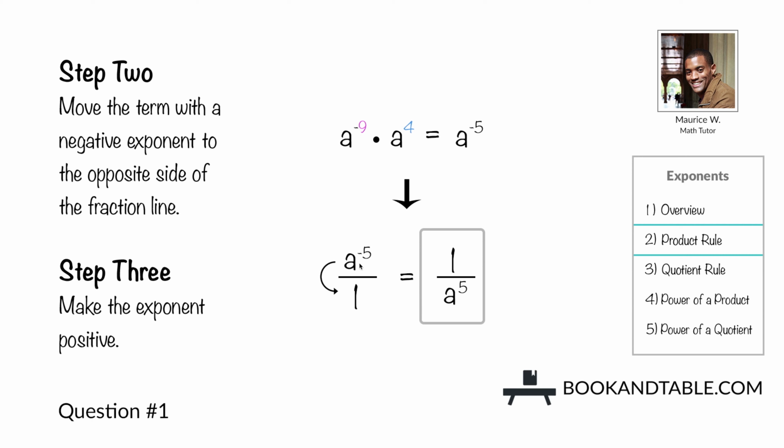So step 2, move the term with a negative exponent to the opposite side of the fraction line, and then make the exponent positive, step 3. So the final answer becomes 1 over a to the fifth. Add the exponents, negative exponent, so you move that to the opposite side.